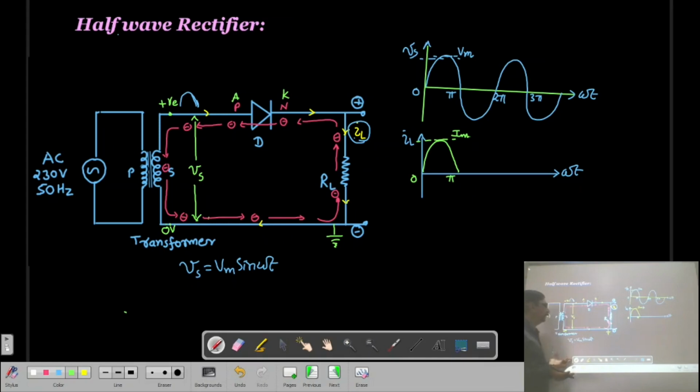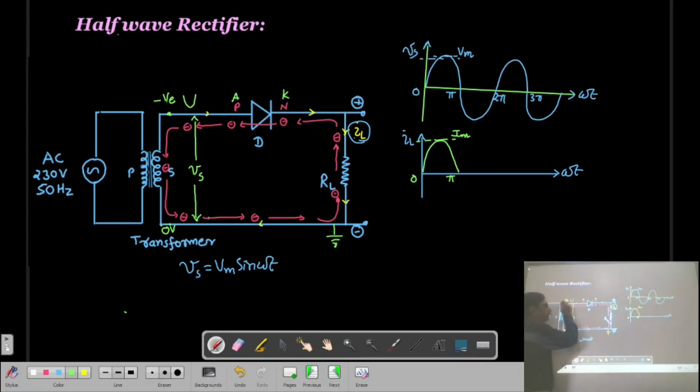Now, in a negative cycle, remember, whenever we have a negative cycle, then this potential will be negative like this. With respect to this, this point A is going to be negative. So the diode will be in reverse bias.